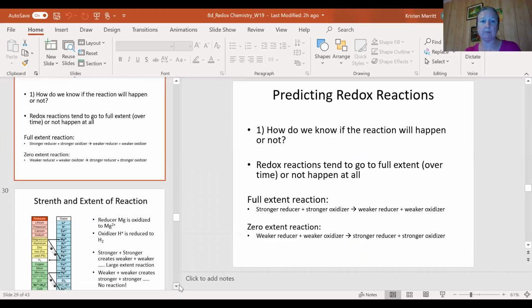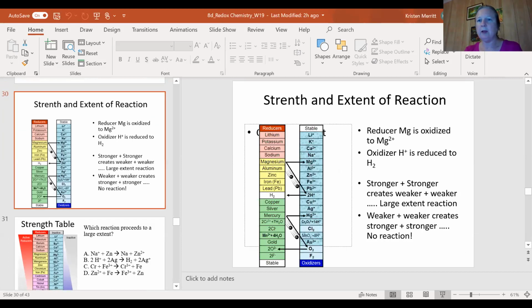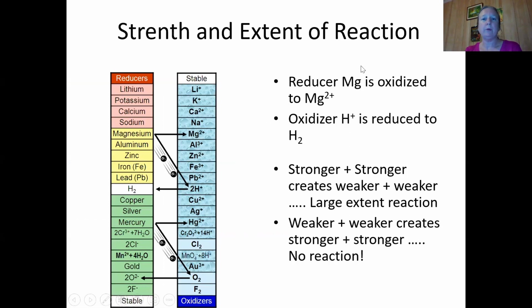So let's look at this. In this example, we have a reducer, magnesium, in a reaction with hydrogen ions, protons, right? This is an acid. So the magnesium metal can act on the hydrogen ions to cause hydrogen gas.